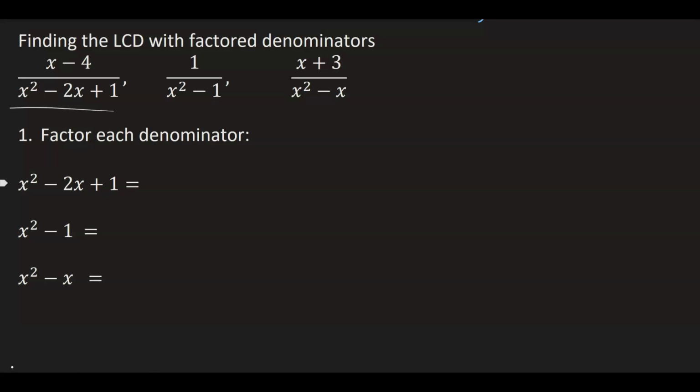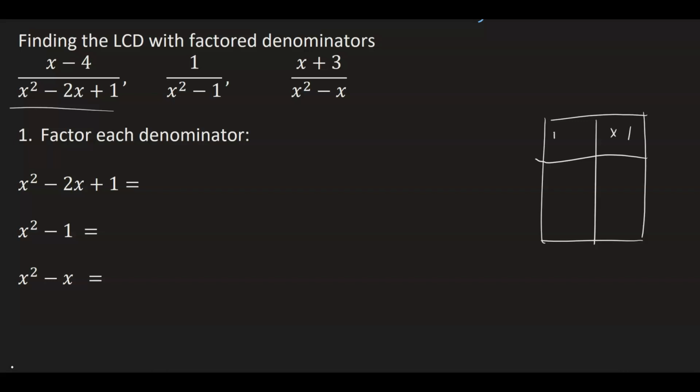Now, that's a trinomial, so I will use my methods of factoring a trinomial, where I am looking for, what are we looking for in this case? We want to have a product of 1, and we want to have a sum of -2.